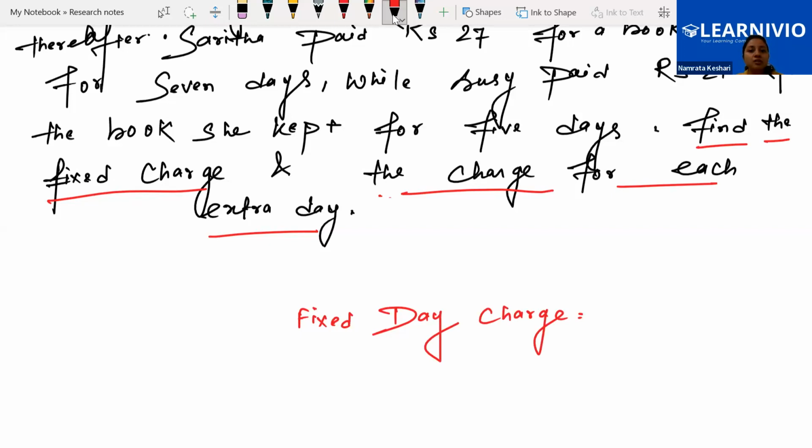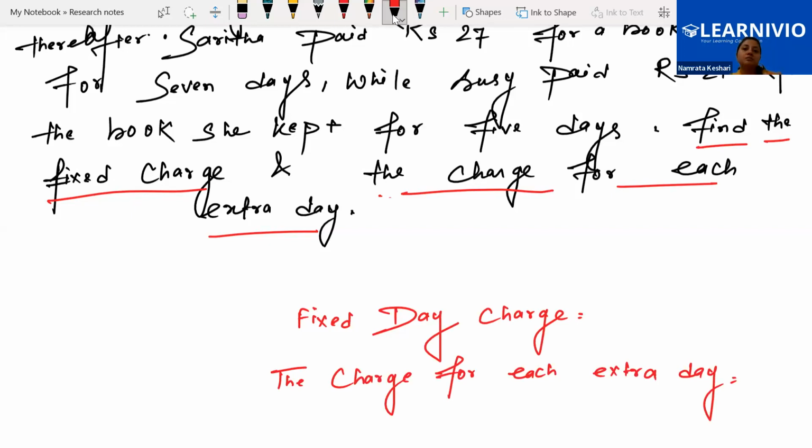And one more assumption we need to take, that is the charge for each extra day. So if you are reading any word problem and you are not understanding how to frame the equation, what to take into consideration, read the last part, what it is asking.